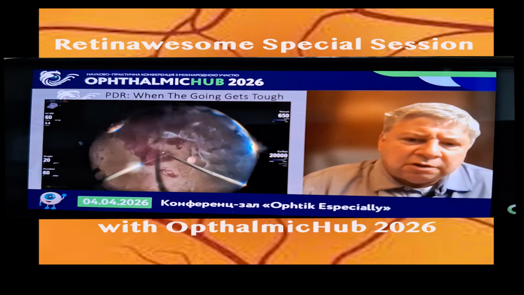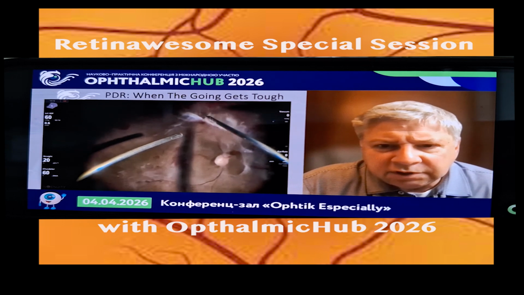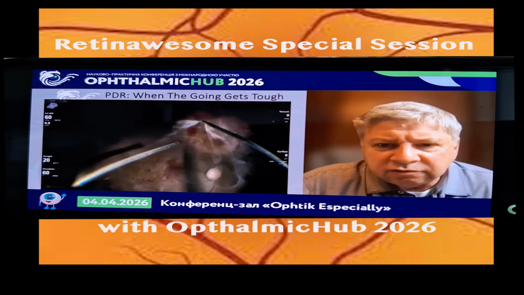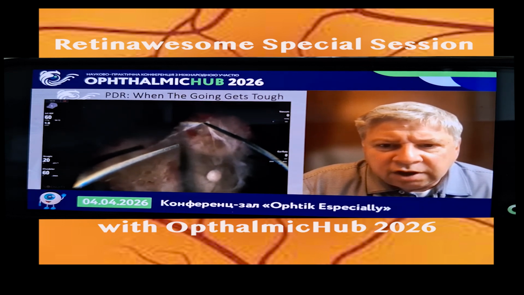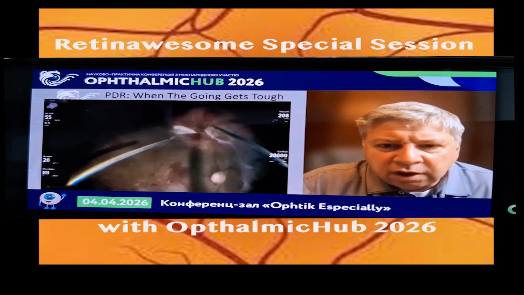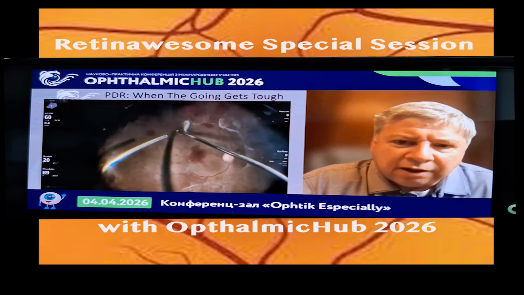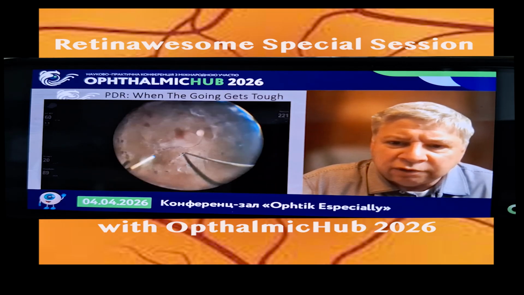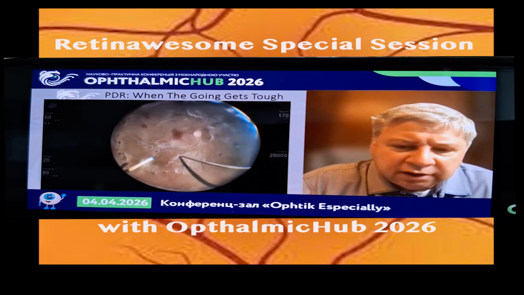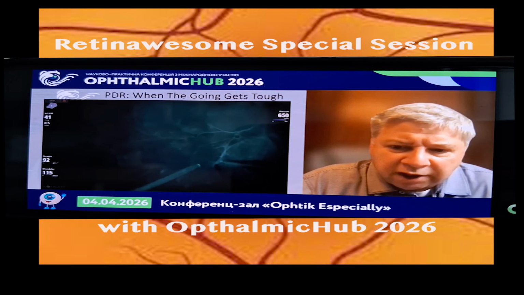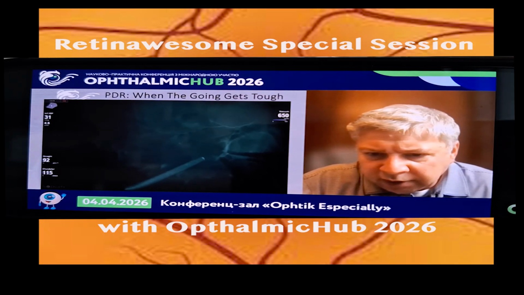And these eyes, to me, are a real challenge because the membranes are not just the typical pegs of neovascularization. There's just a plaque on the retina, and the underlying retina is very atrophic, and with just minimal traction, the retina can tear.